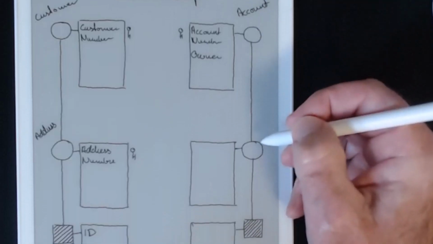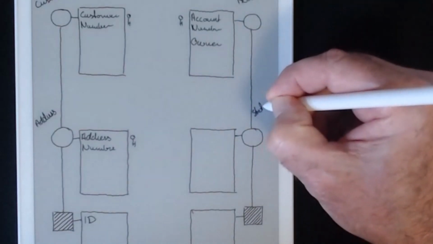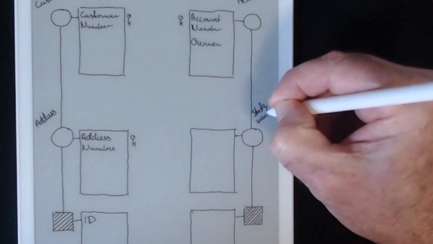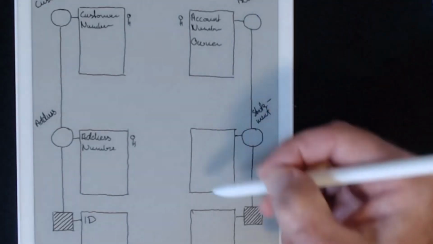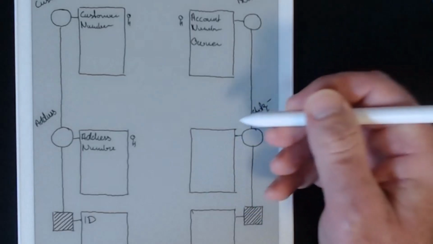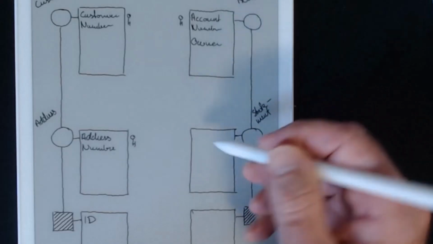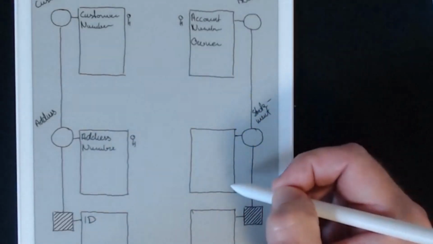Let's say that the account has a child business object called statement. That also has a list of interface fields. And one of the interface fields on the statement will be the number of the address to send this statement to.